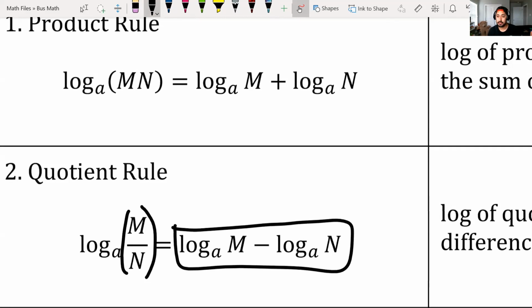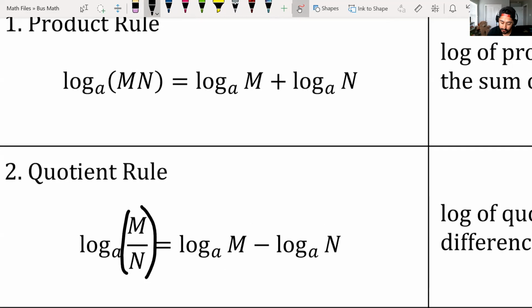So this is quotient to difference. Okay, so you can expand it to subtraction if you have a quotient inside.